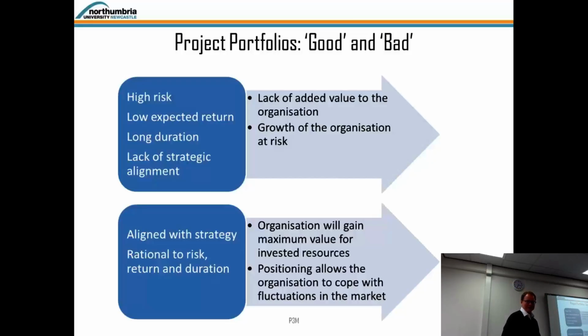Or is a good one aligned with strategy, rational to risk and return and duration? So rationalized, and then the organization will gain maximum value of invested resources. Positioning allows the organization to cope with fluctuations in the market. So which one is a good one? The bottom one. Yes, this was the right answer.